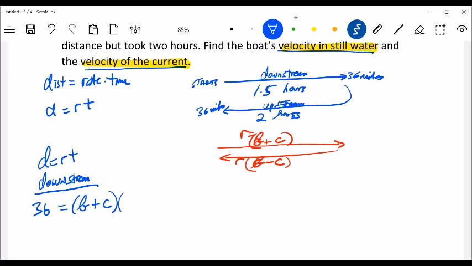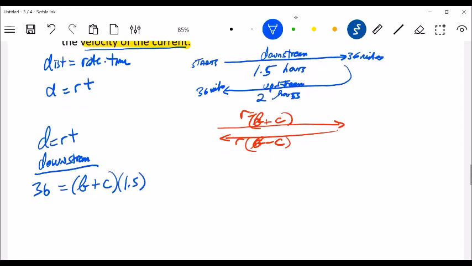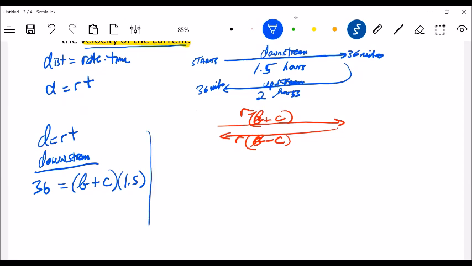And that's multiplied by the amount of time, 1.5. Now, we can do the same thing, D equals RT, upstream. It's 36 miles, and here it's the boat minus the current times, now not 1.5, but rather 2.